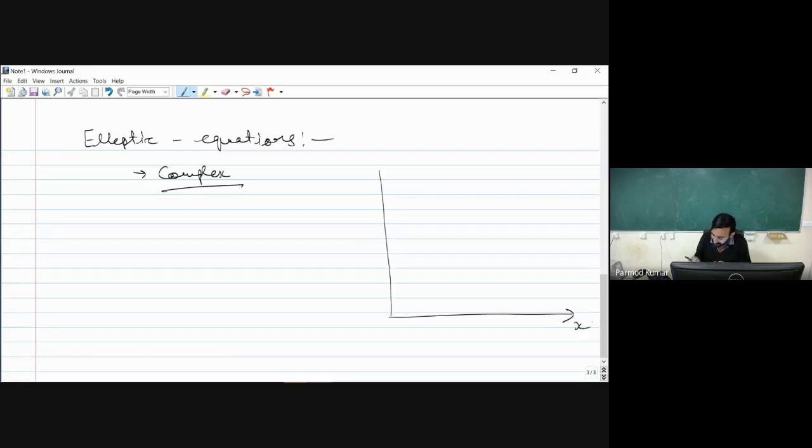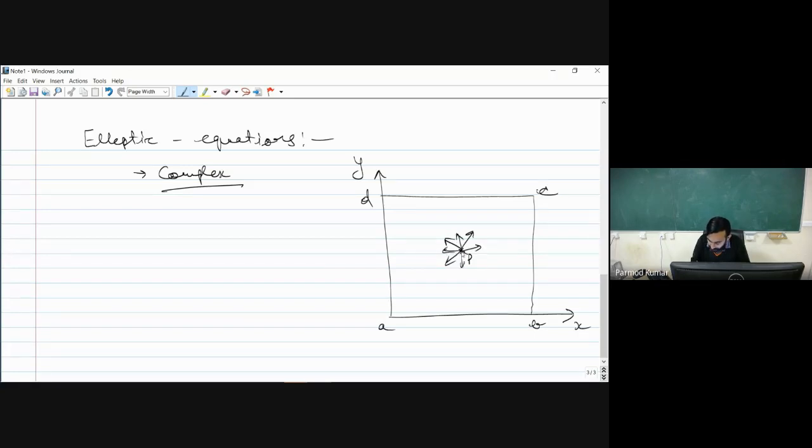Say I have x and y, and I have some domain a, b, c, d. This is my domain. Now in this domain, if I take any point P, because I have complex roots of the characteristic equation for elliptic nature, I will not be able to draw any specific characteristic direction here.